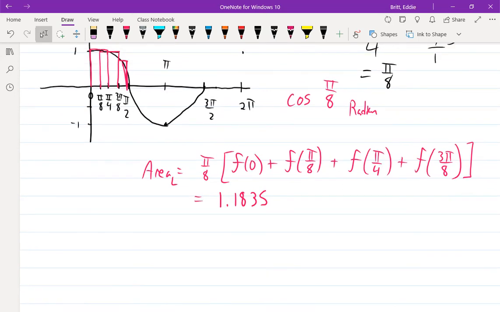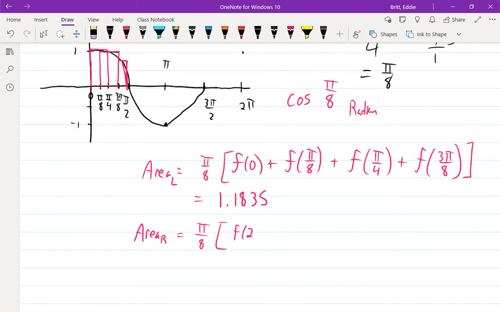Now, for the right endpoint, we can actually do this without drawing the graph if we know what values we have to use to get our heights. So we know that the width for each rectangle is pi over 8, but instead of starting at 0 to get the height of my first rectangle, I'm going to start at pi over 2 if I do the right endpoint first.